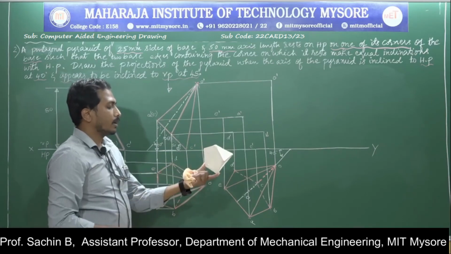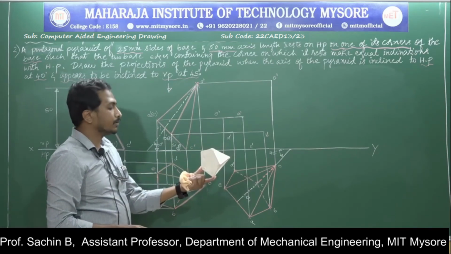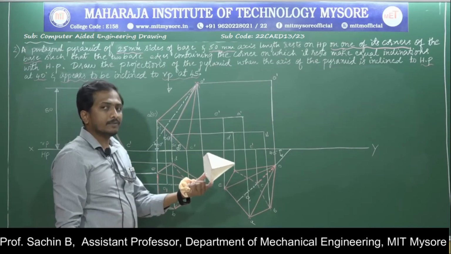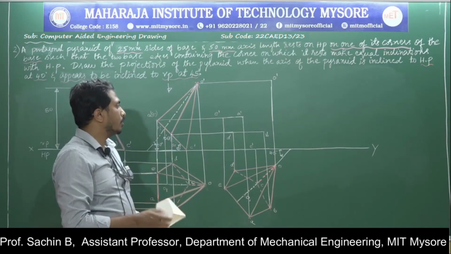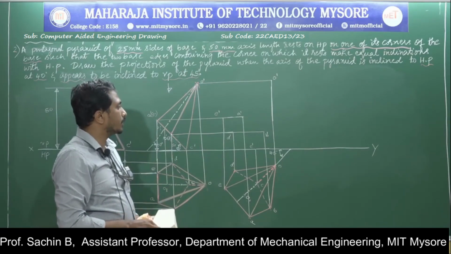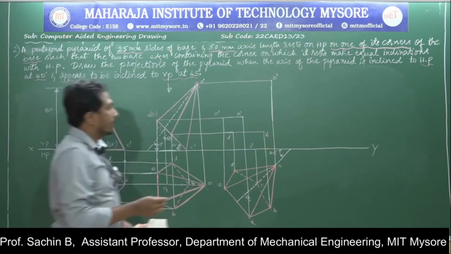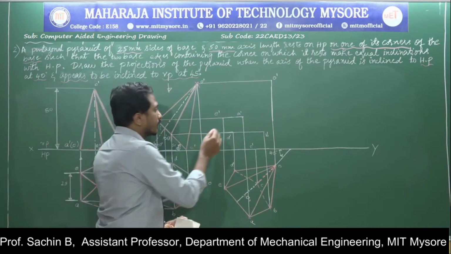We should go for finding out the visible and invisible edges. According to the visible and invisible concept, the first condition is that the outermost boundary lines are clearly visible for us. For me, the outermost edges are clearly visible.